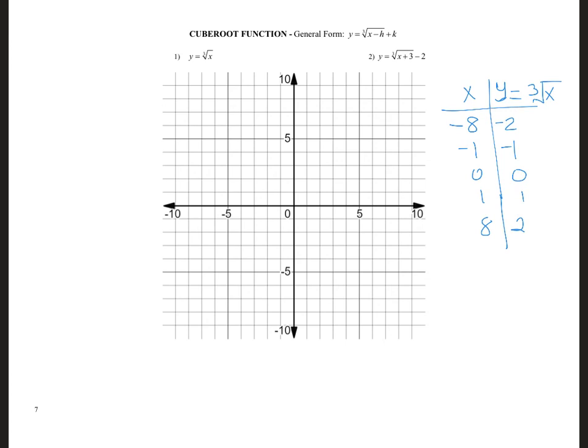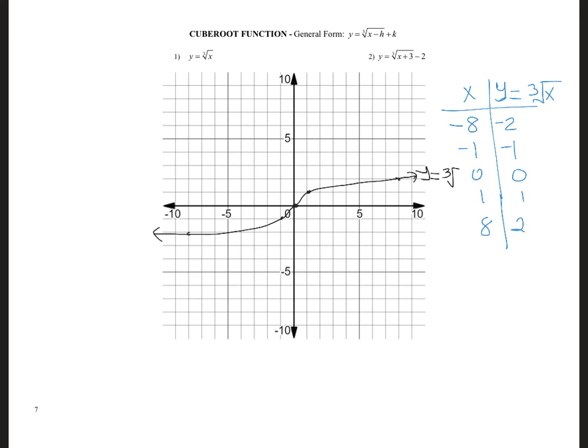Okay, so now 0, 0, 1, 1, then 8, 2. So the next point is negative 1, negative 1, and negative 8, negative 2. So now I connect my points. See, that's how a cube root function looks like. So that's the parent function.